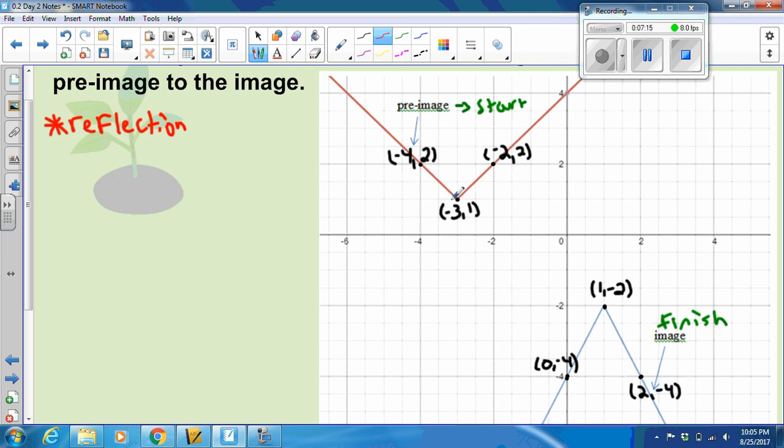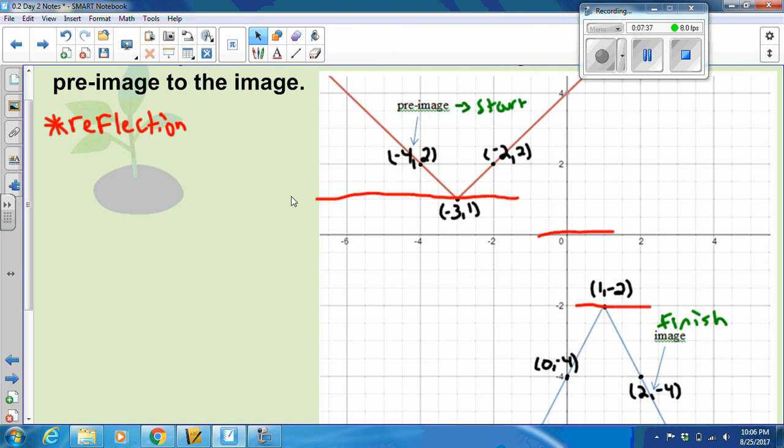Now, basically, your vertex of your pre-image can be reflected over any line. We could reflect it over the x-axis if you wanted to. We could reflect it over this line at -2. So you basically can figure out what line you would like to reflect it over.